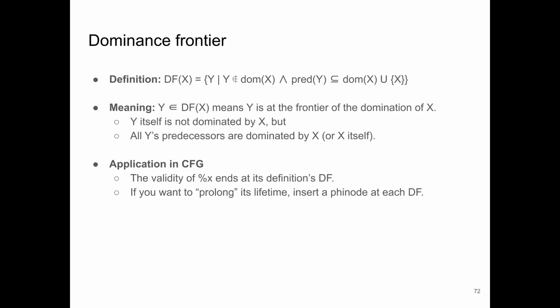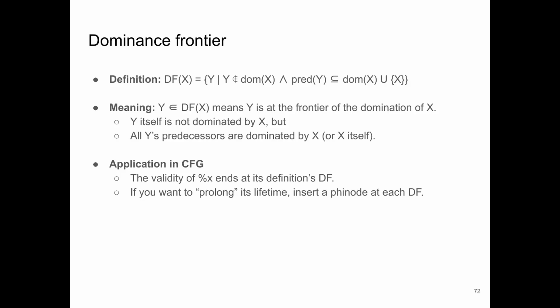And another implication is that if you want to prolong the lifetime of this variable X, then you need to insert a phi node at the dominance frontier. So even though the lifetime of X itself is gone at the dominance frontier, if you want to prolong the value, you need to insert a phi that is given the value of this X, and it is going to define another variable, say X prime, as a phi that passes the value of X for the later part of the graph after the dominance frontier.